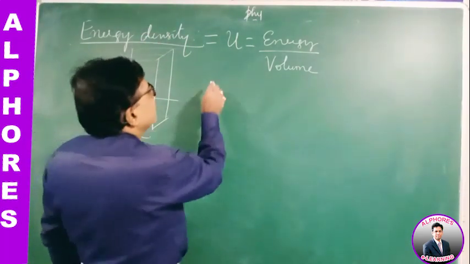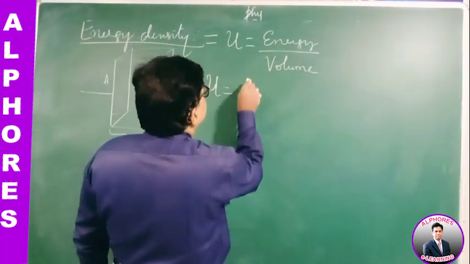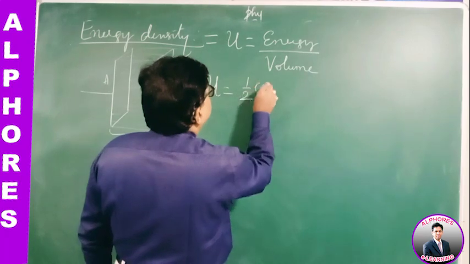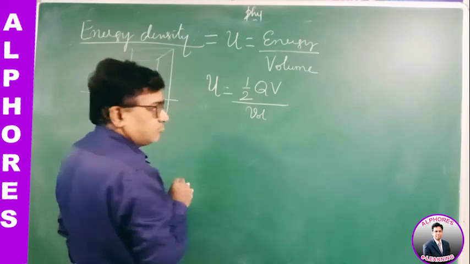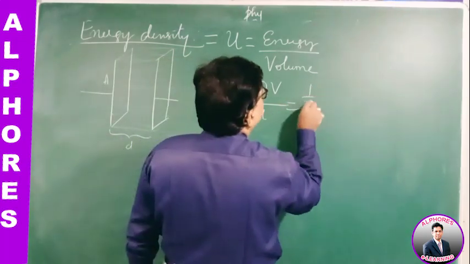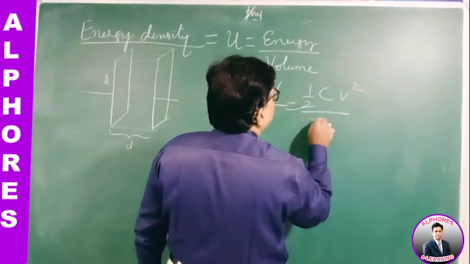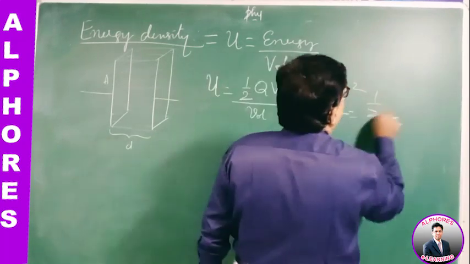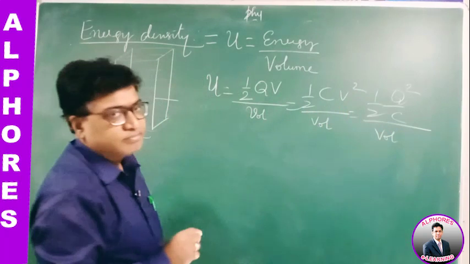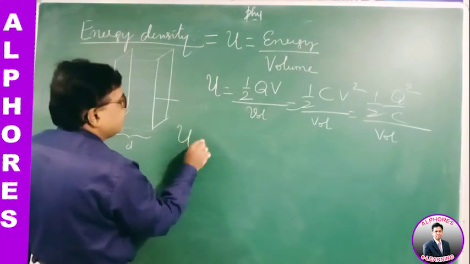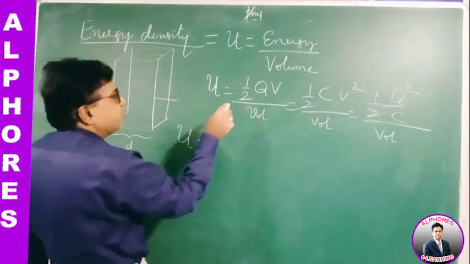The energy density is the energy stored, half QV by volume, or half CV square by volume, or half Q square by C by volume. Therefore the energy density is energy per unit volume.